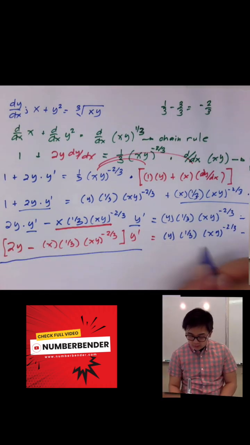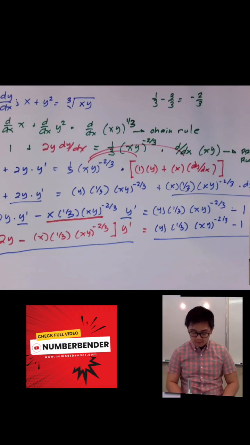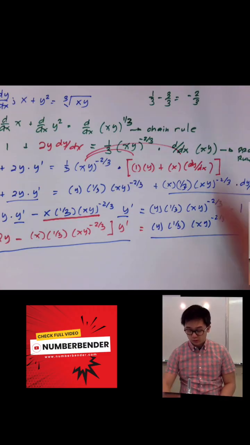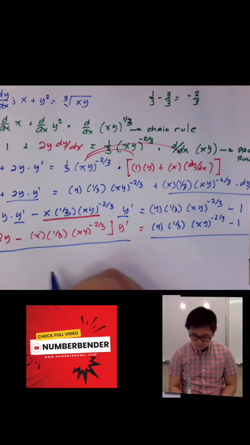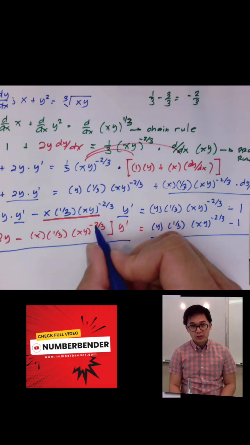So all I need to do is to isolate y prime by dividing by this term right here. I know it's quite large, but there's nothing else we could do about it, because it's still going to be a huge solution even if we change this into radical. So let's just leave it as fractional exponent.